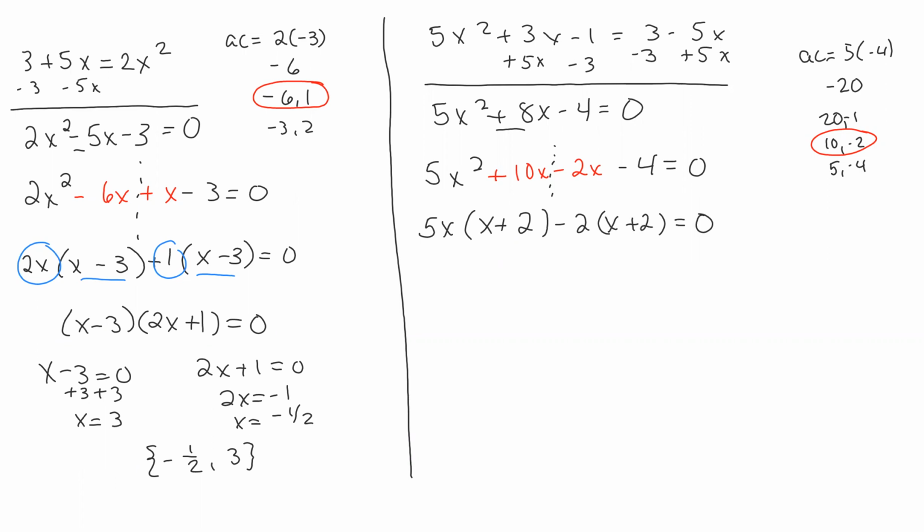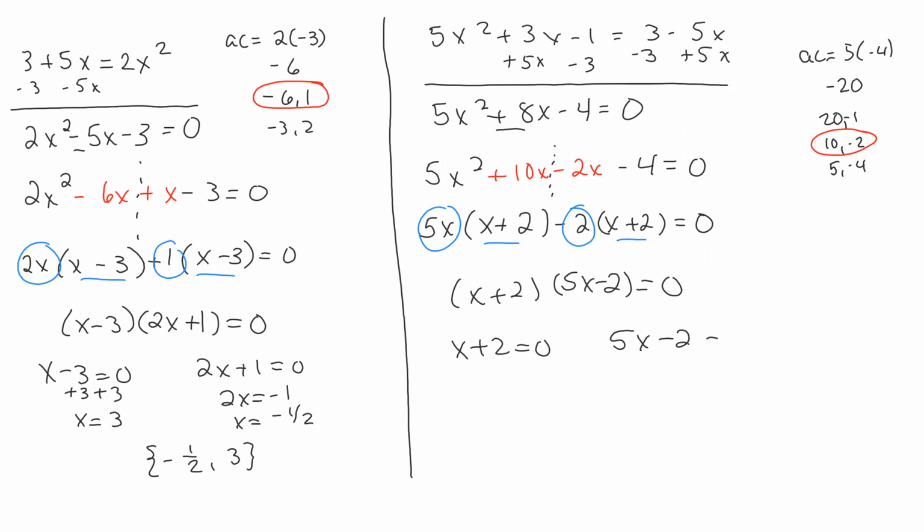Don't forget we're equal to 0. The stuff in parentheses matches, so that's my new GCF. So I get x plus 2, and then those original GCFs, those little GCFs, they come down, and I get 5x minus 2, still equal to 0. So I've got a product equaling 0 now. So I take x plus 2, set it equal to 0.